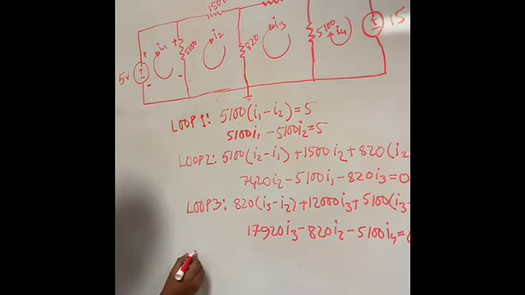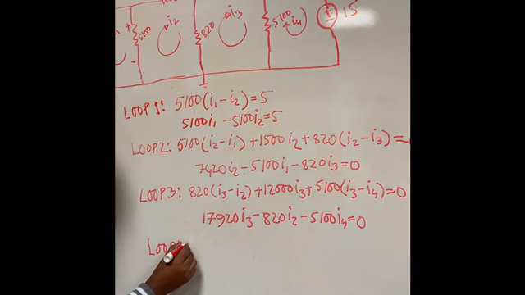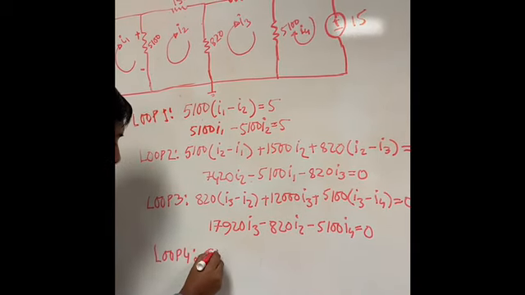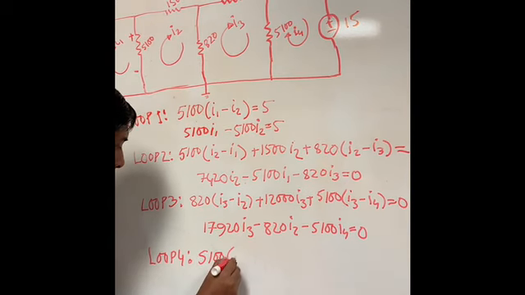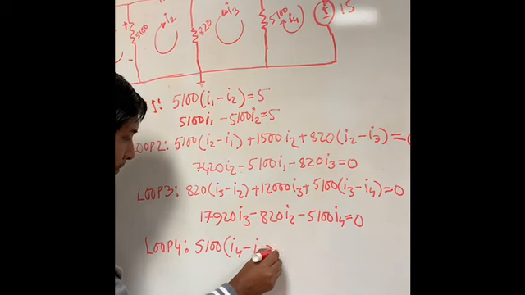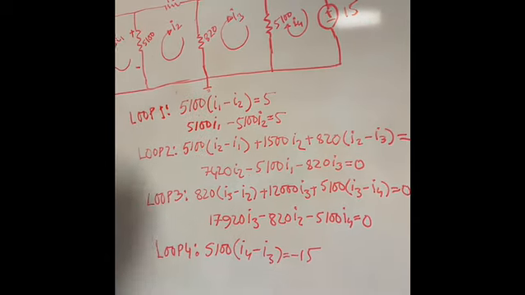All right, in the last loop, we have a voltage source in this, so we know it'll all be equal to 15 volts. 5,100 times I4 minus I3 is equal to 15. Oh, excuse me, equal to negative 15.